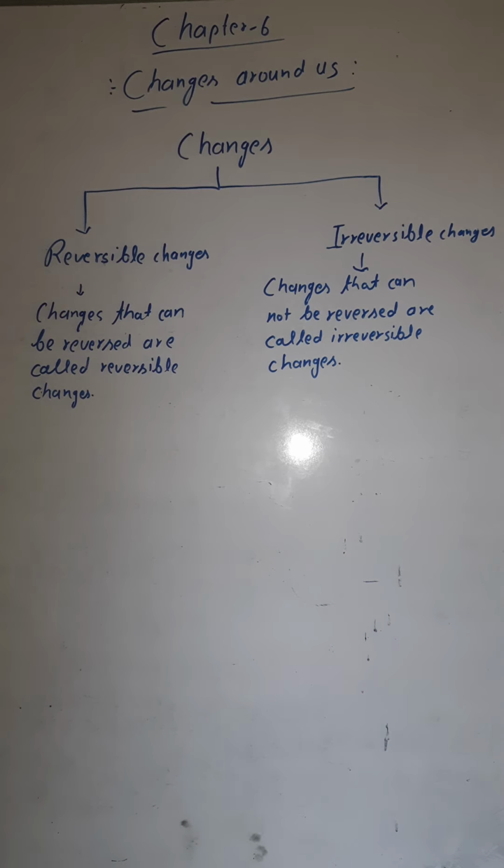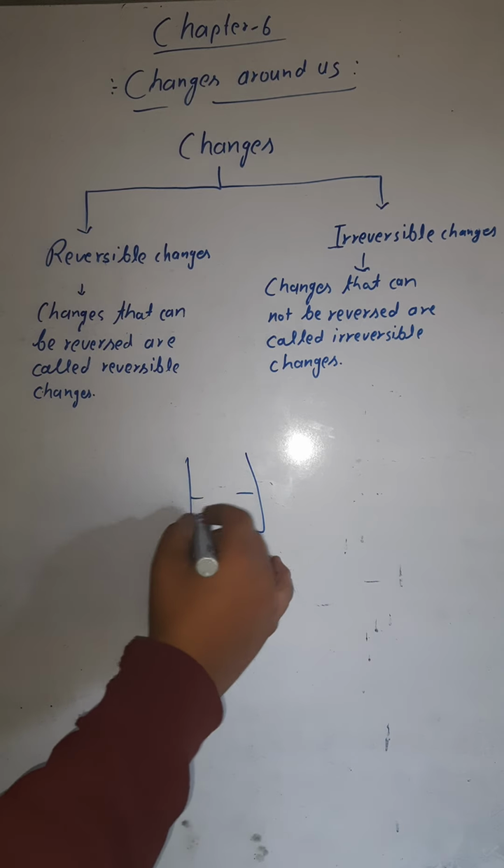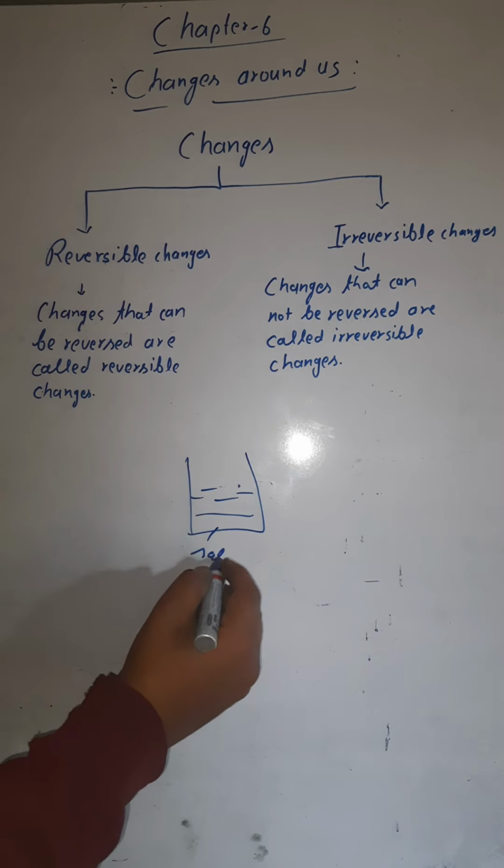Now suppose you have one more example, a solution of salt and water. Suppose here in this beaker you have water and salt. So this is the solution of salt plus water. Once you have mixed the salt and water together, can you separate it again?